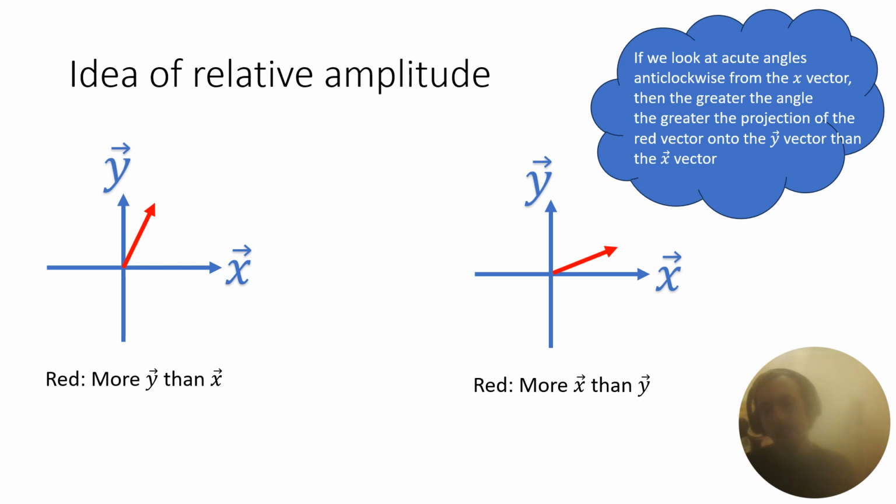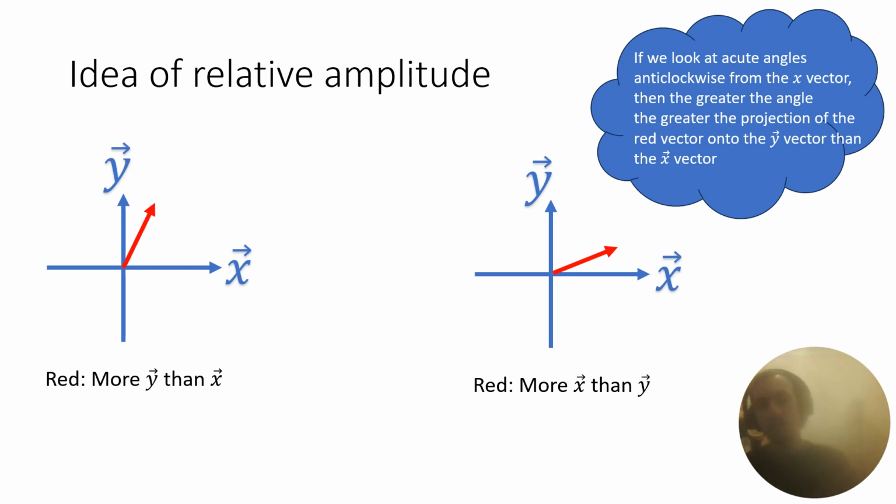Now you'll see in the diagram to the left the red arrow is closer to classical state Y than X. And by that I mean if we were going to project our red quantum state onto Y and X, we would see that a greater amplitude of the wave function lies along Y than X. So we would say our red arrow has a greater relative amplitude in Y than X, or it has a bigger projection on Y than X.